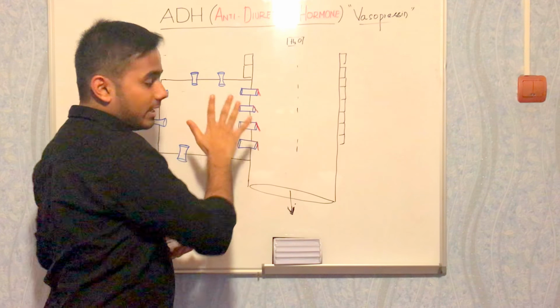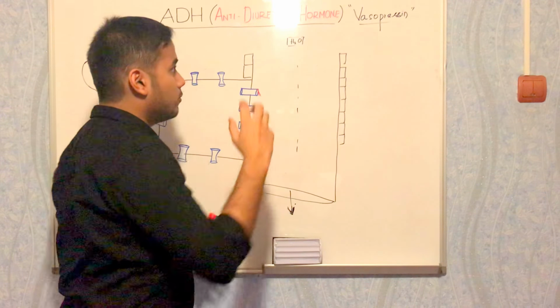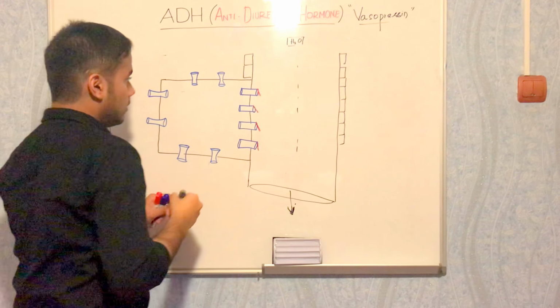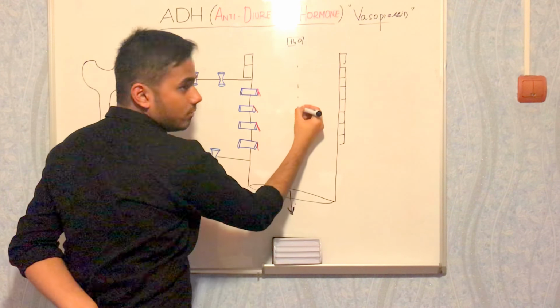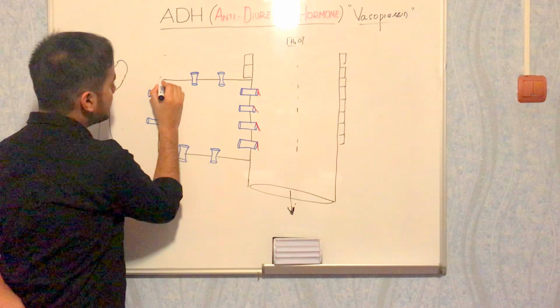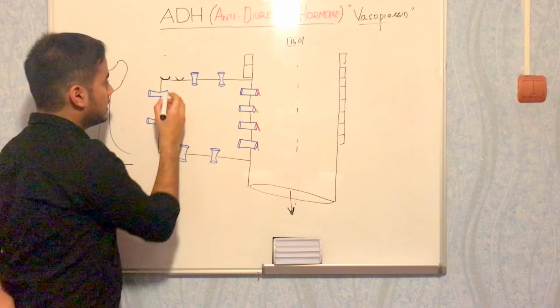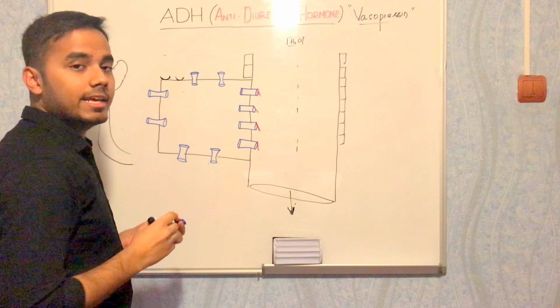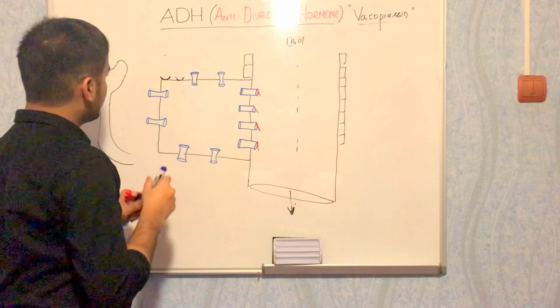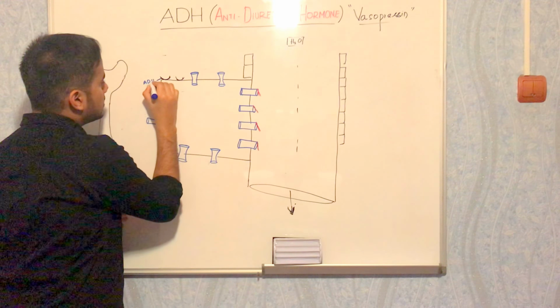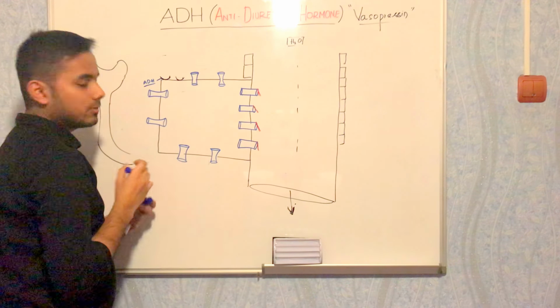First let me explain the mechanism, and later on I'll explain why water has to be reabsorbed instead of excreted out. Fine? Look. As water is passing down, first of all here there are receptors. Principal cells have multiple receptors. These receptors are named ADH receptors, anti-diuretic hormone receptors.